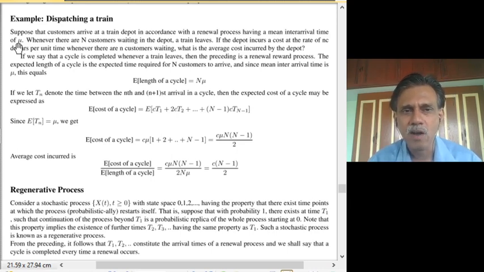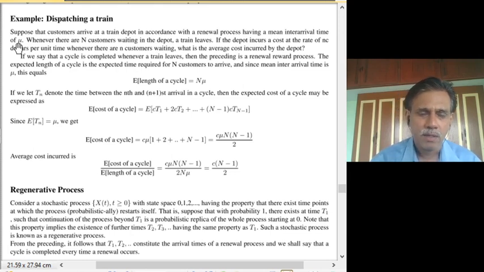So if the ticket cost is T per customer, and a train leaves, nT will be the profit the company accumulates. That can also be modeled. We are not doing this one, but the scope for making the model more realistic is there.